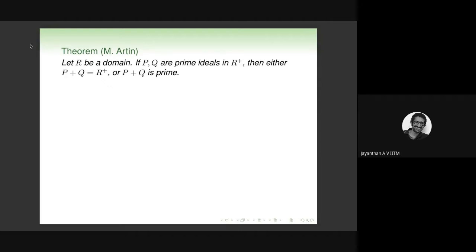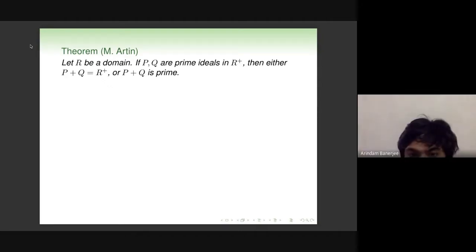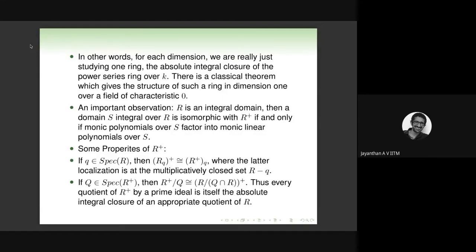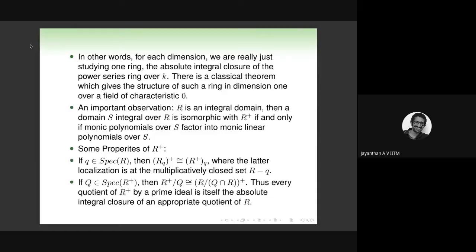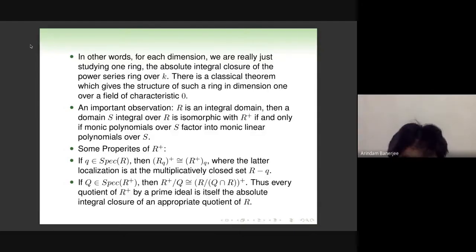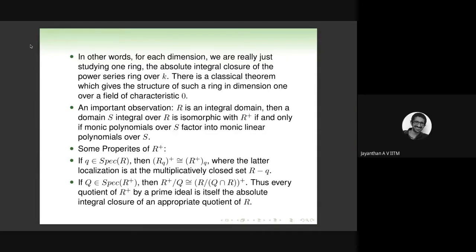Can you please go back to the previous slide? If you take any prime ideal P of R, and then look at R mod P plus. You want to say that both ways it's true, right?